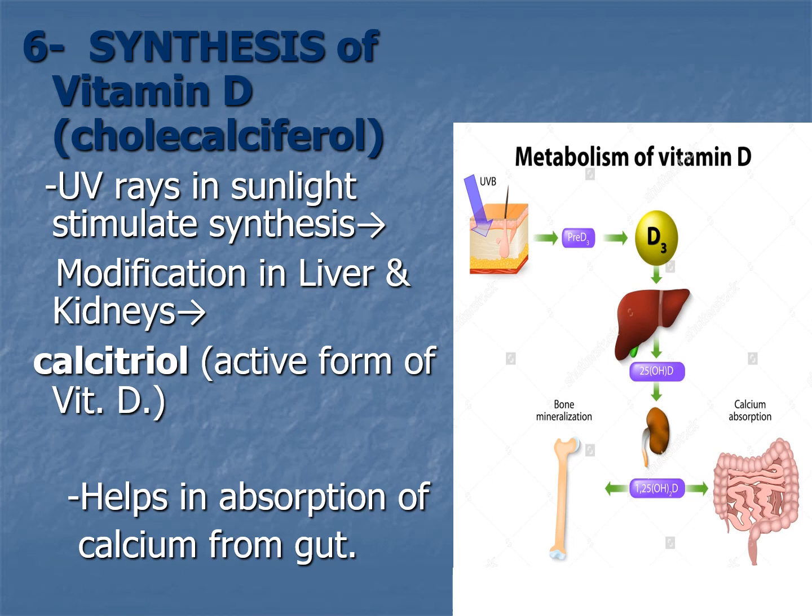This is carried out by UV light, and it is then modulated in the liver and kidney, finally to form calcitriol. But the first step occurs in the skin. With vitamin D, you all know that it's involved in the absorption of calcium from the gut, and it deposits calcium in the bone.